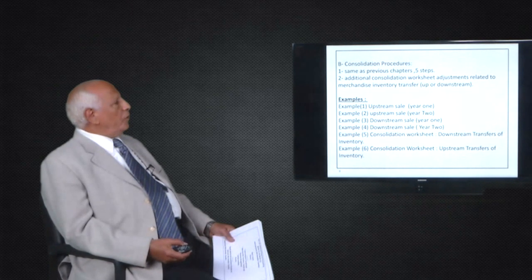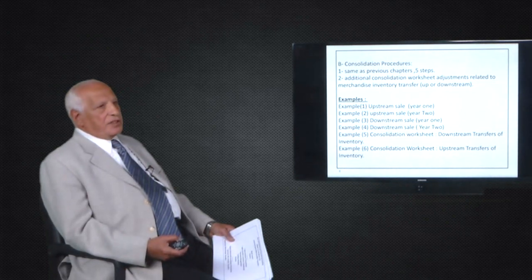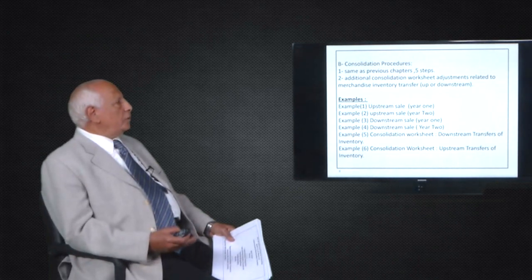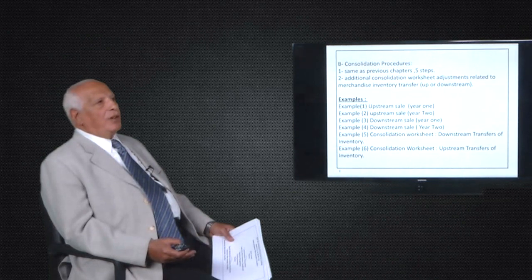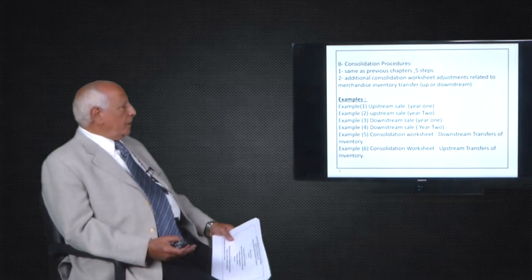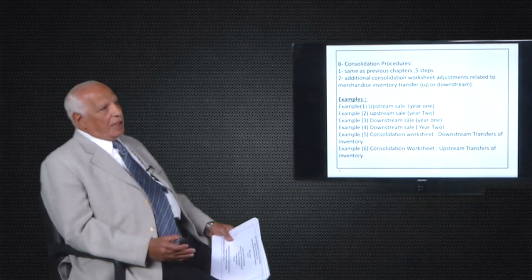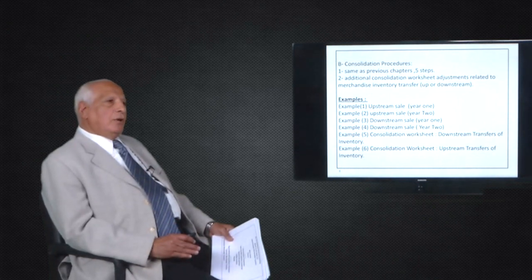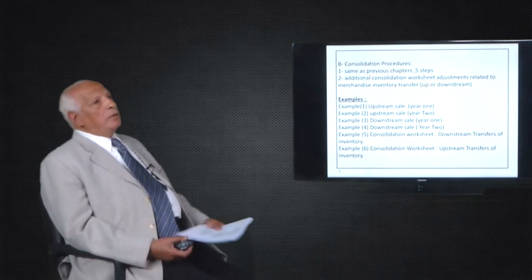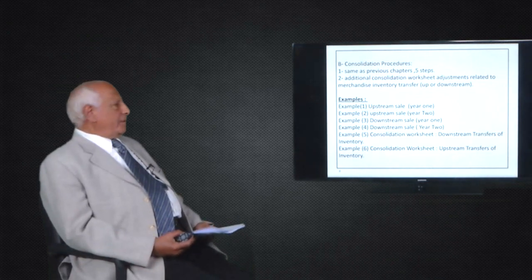For the equity method, you're going to use the same consolidation procedures as previous chapters, chapter 2 and chapter 3, where we have 5 steps. You have to know the 5 steps, how to prepare the consolidated financial statements and worksheet. Additional consolidation worksheet adjustments are related to merchandise inventory transfer, and you have to be careful whether it is upstream or downstream. Now let's go for some examples.